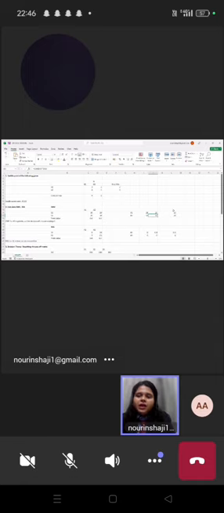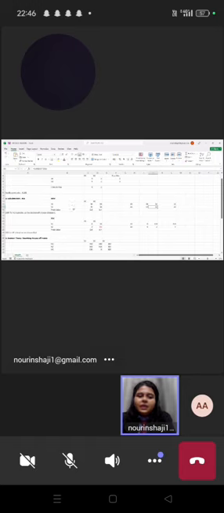Next, going to the second row, that is S2. Here x1 is 20 into 0.6 plus x2, 30 into 0.4. Now we will get the sum of 32 and 24.